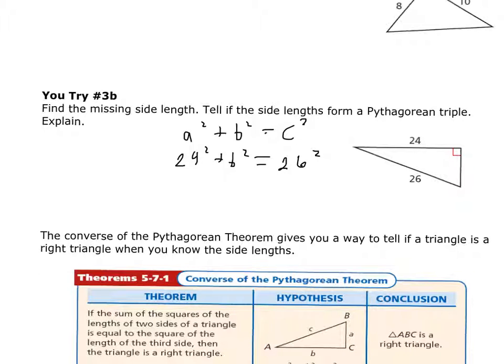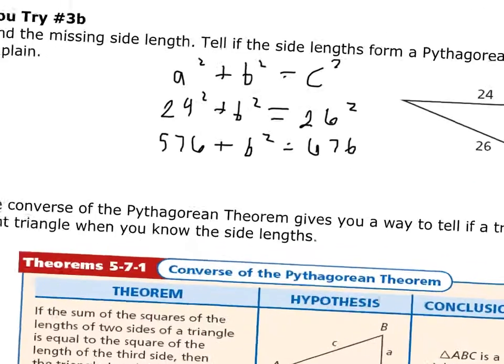Okay, so let's go ahead and solve that. If you take 24 times 24, that's going to give you 576 plus b squared. And then you can take 26 times 26, and that gives us 676.